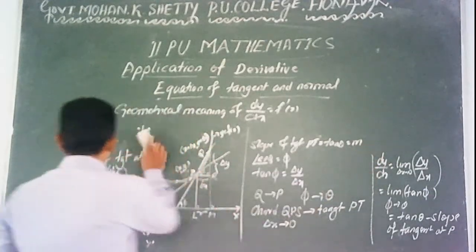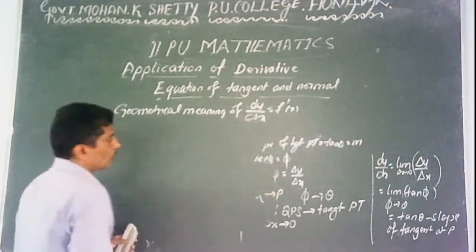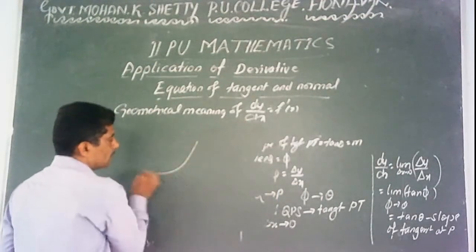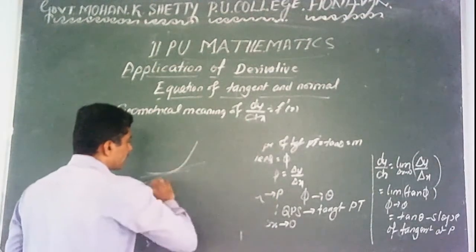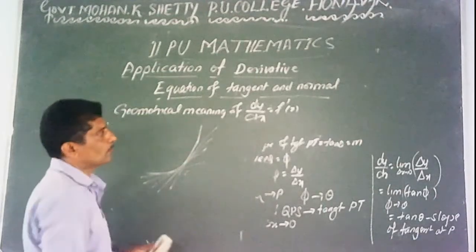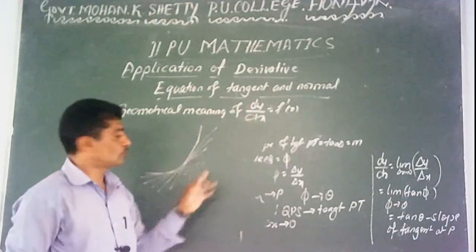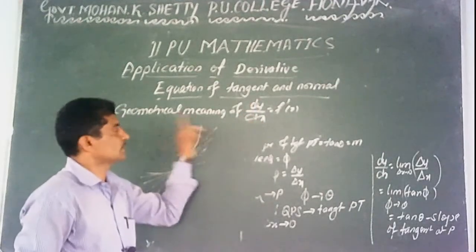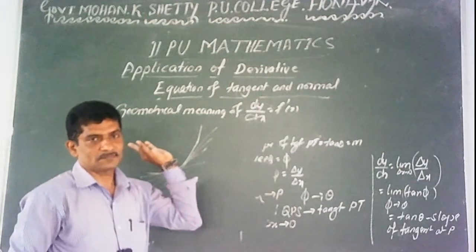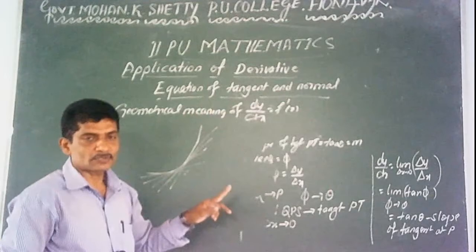Therefore the geometrical meaning of dy upon dx is that at each point you draw a tangent. That tangent is unique and the slope of the tangent is exactly equal to dy upon dx. If you can draw a unique tangent, the function is differentiable.